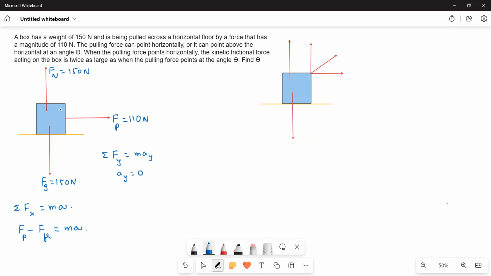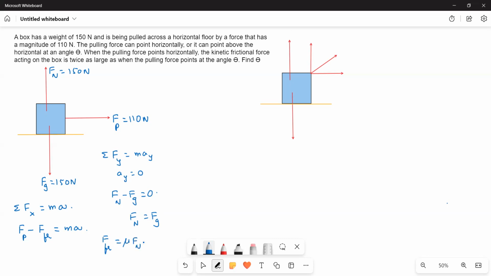So what are the forces along the y direction? F normal and Fg, or F reaction and Fg. So Fn minus Fg is equal to 0. Therefore, Fn is equal to Fg. And we know Fg is equal to 150. And then the friction force, F friction, we know is equal to mu Fn.